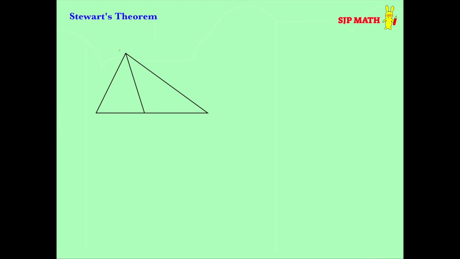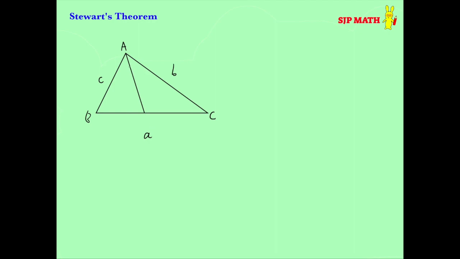So we can label our triangle A, B, and C. And we label the sides a, b, and c. Let's say we draw a cevian. I drew a cevian line down here.